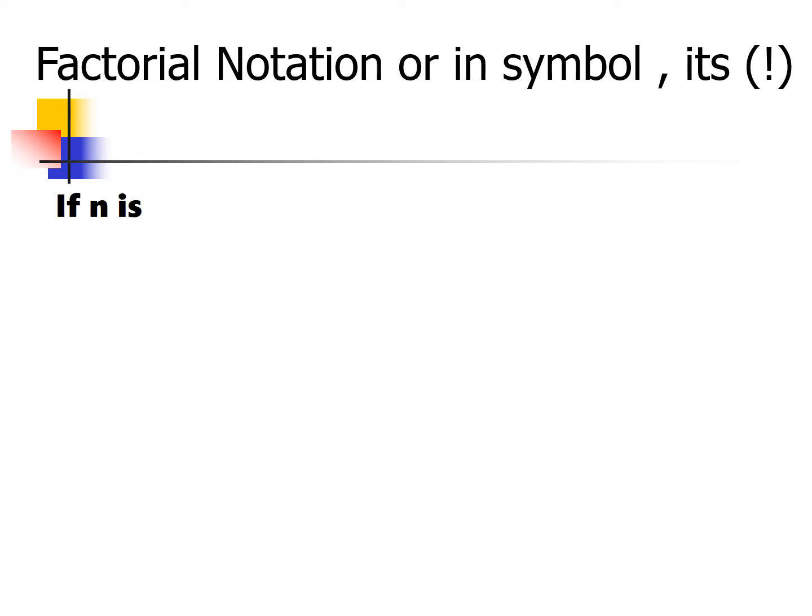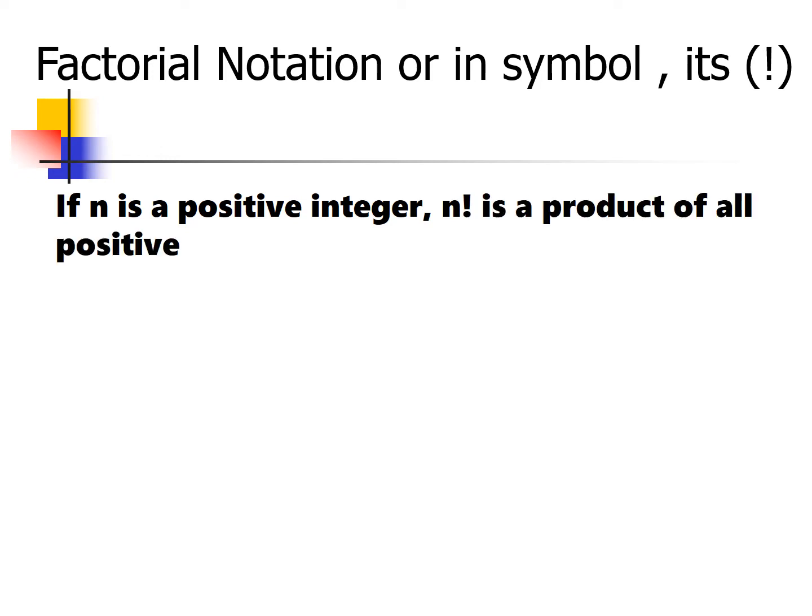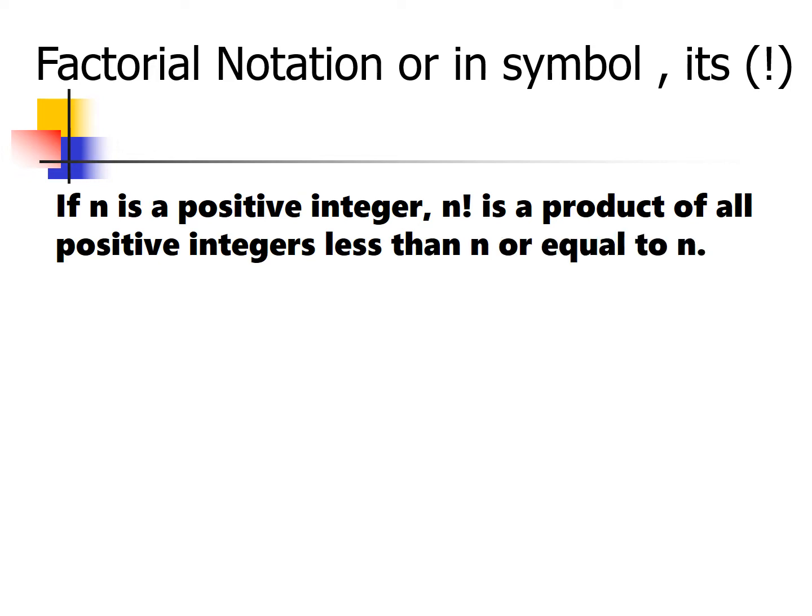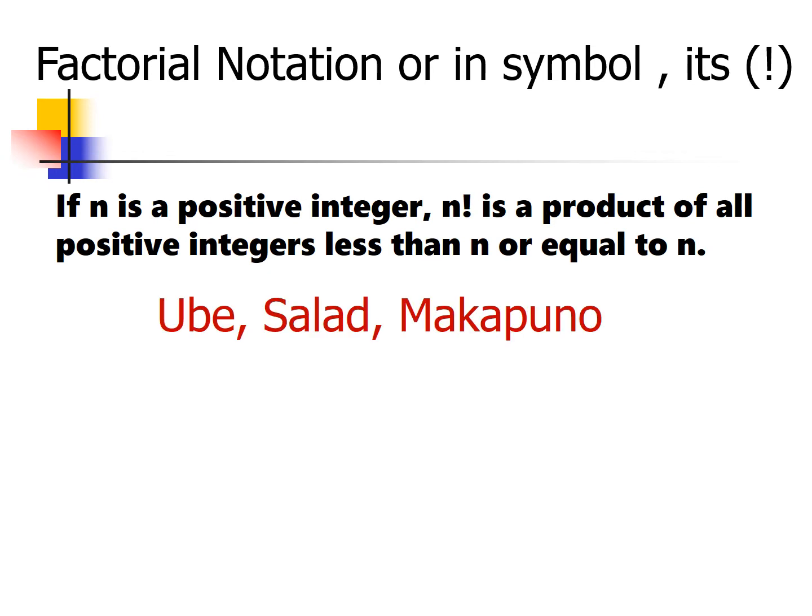When we say factorial notation, if n is a positive integer, n factorial is the product of all positive integers less than or equal to n. So, we just multiply those numbers. For example, in our earlier example, we have 3 items: ube, salad, makapuno.